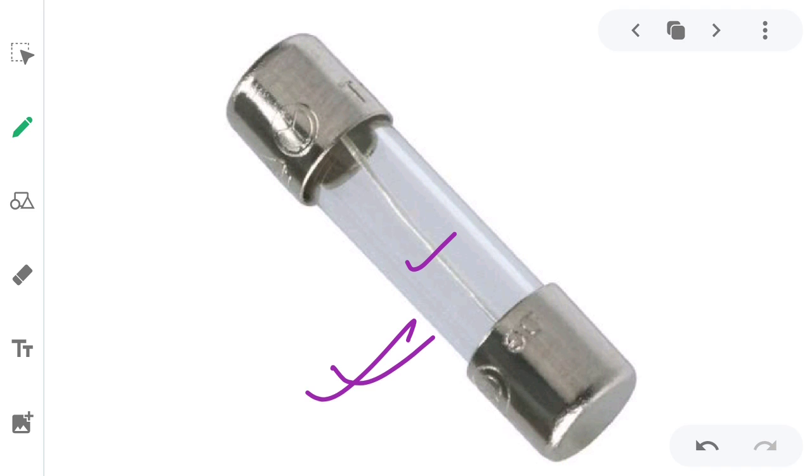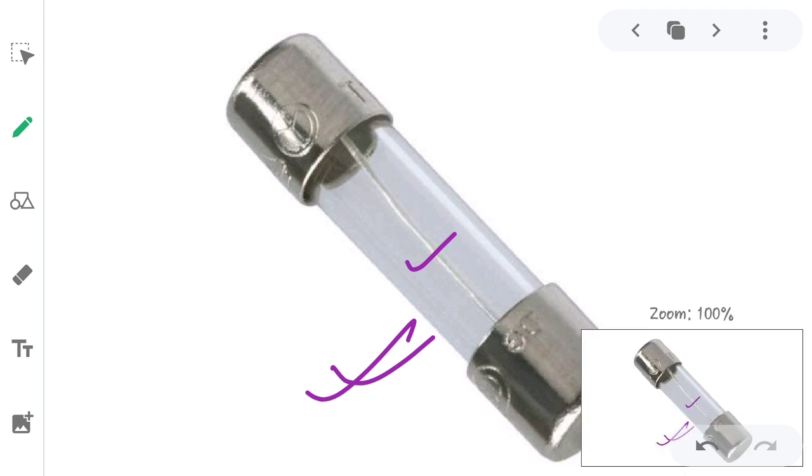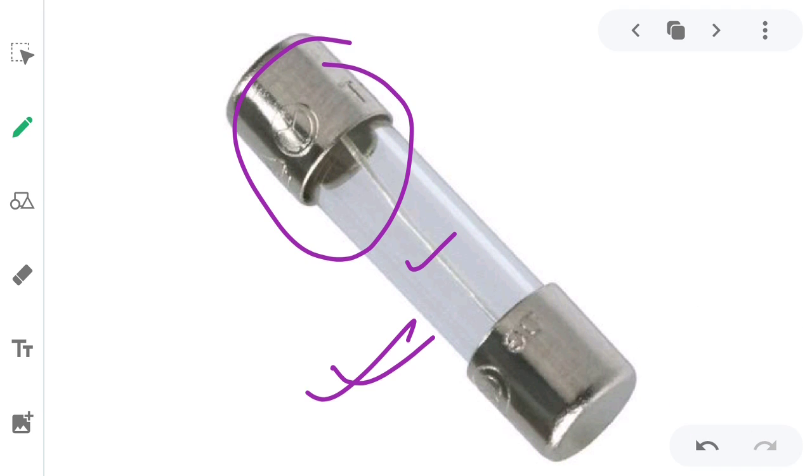A huge amount of current has started flowing through that wire. So in that case, this wire will break down and it will stop the current which is going to the TV. So this is how this fuse will save the electrical appliances in which it is connected or placed.